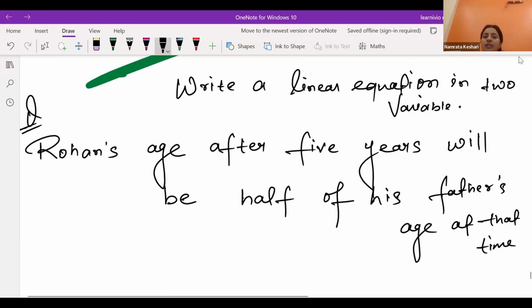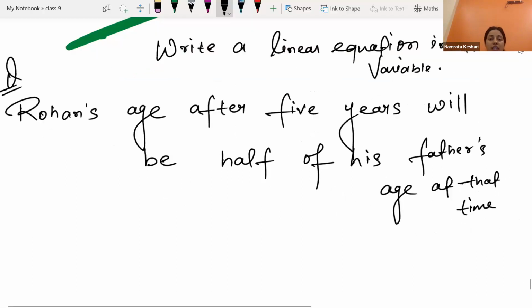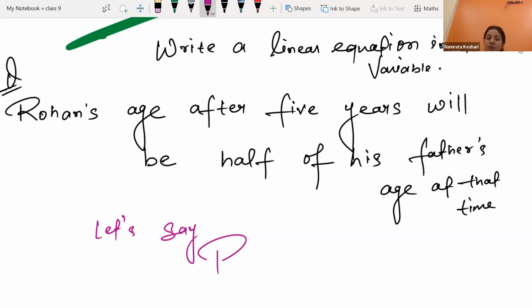Whenever you do an age related question, always you have to assume, whenever you encounter an age related question, you have to start from here. Always you will assume, let's say, Rohan's present age and his father's present age.